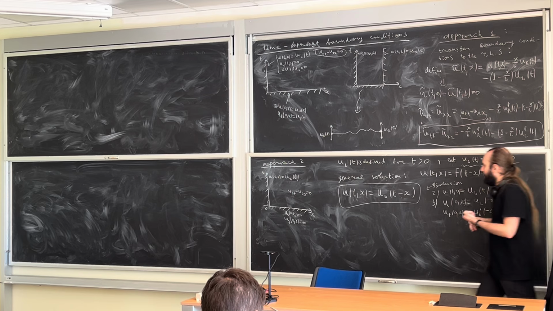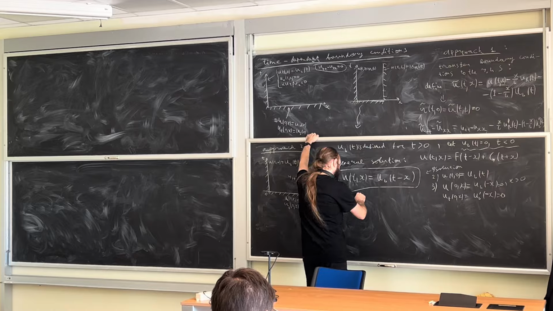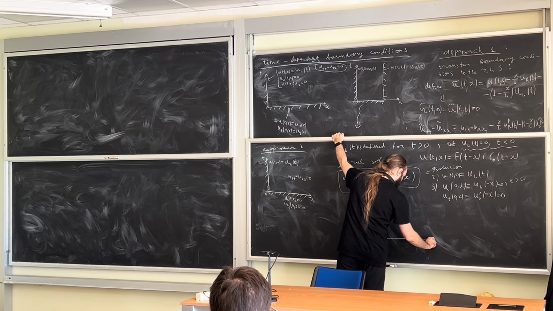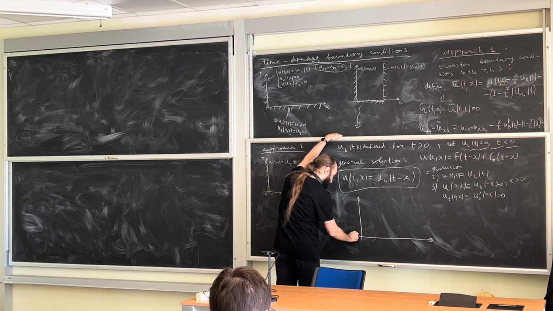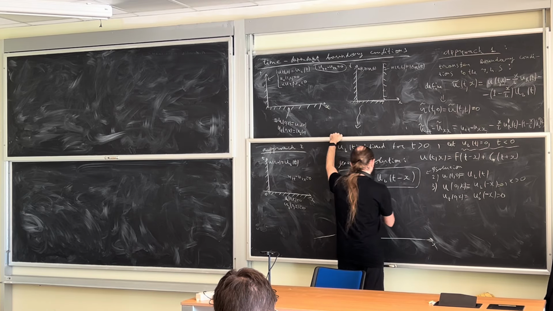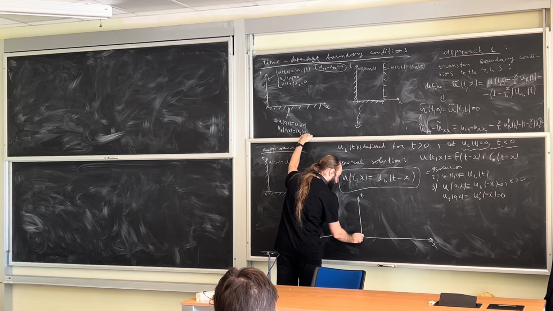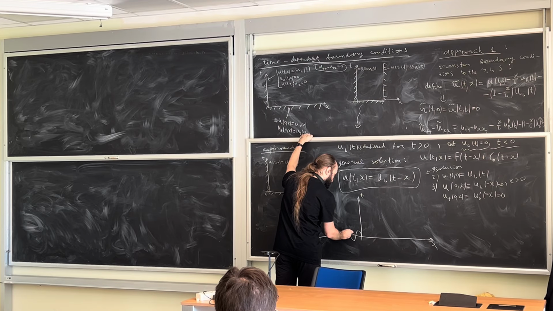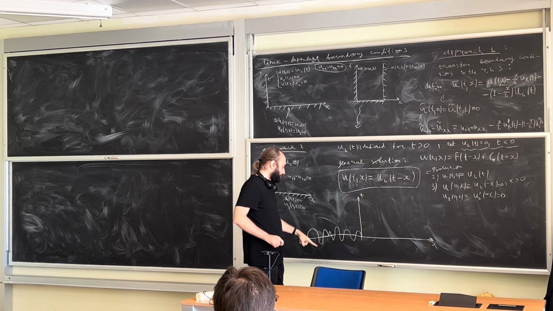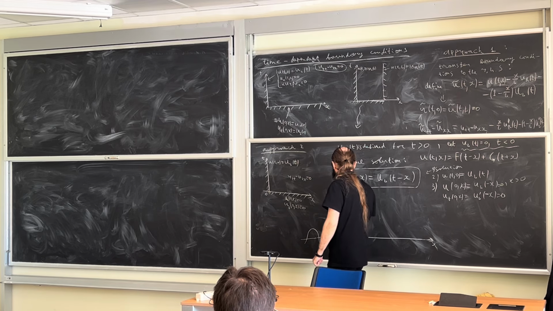Right? So the picture I was talking about is the following. There is a real line, and there is a function u_L of minus x.